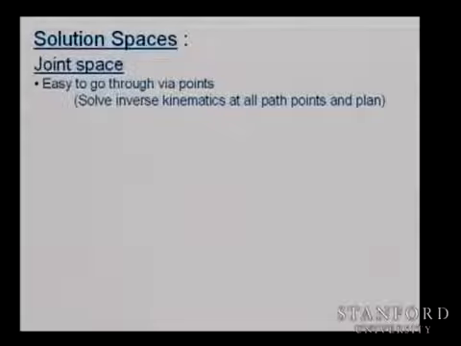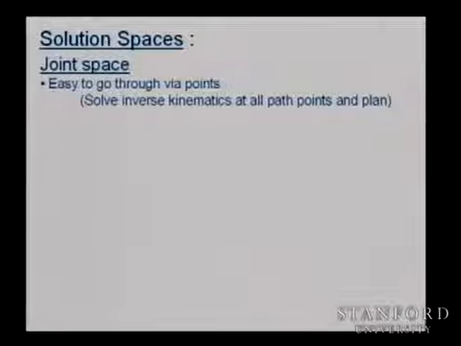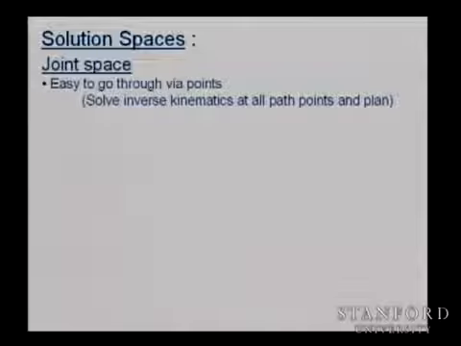So at those points, in order to get the actual joint characteristic, we'll be solving the inverse kinematics at all the path points, and then we'll plan for a motion in that space. So let's say we have the coordinates of each the points that we want to pass through. We solve the inverse kinematics for all these target points. We get the corresponding joint coordinates, and then we plan in joint space the trajectory.